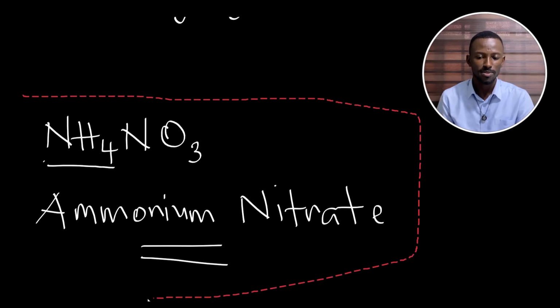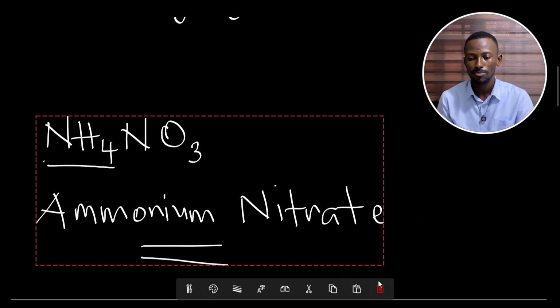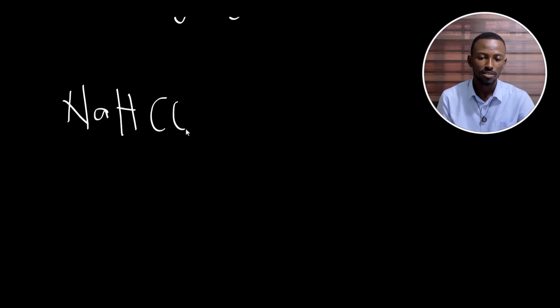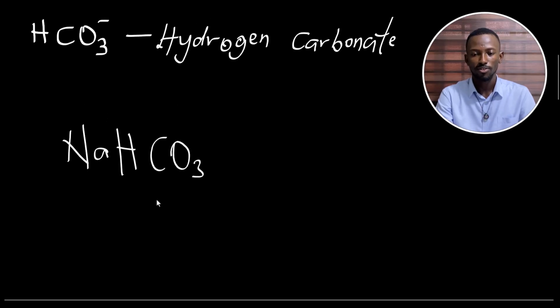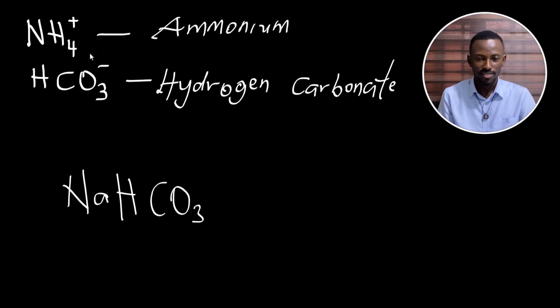So your responsibility: master these polyatomic ions. Our next example is also easy. We have NaHCO3. What do you think is the name of this compound? Let's look at our polyatomic ions and see. You see this? That is HCO3-.